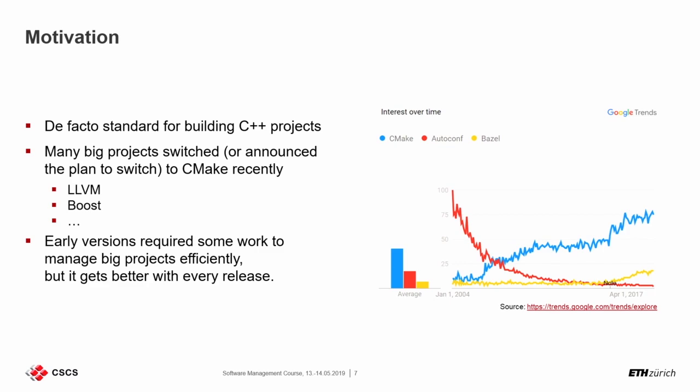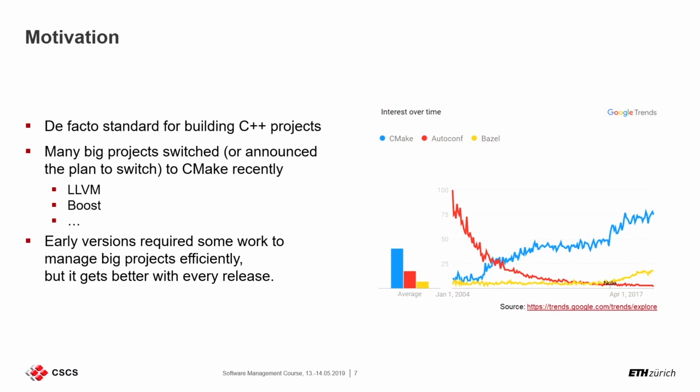And if you look at Google Trends here, I compare CMake, AutoConf, and Bazel. Bazel is a build tool from Google, and probably also noise, because I think starting from here the tool was released, so all the rest is just noise. What you can clearly see is that AutoConf was very much used in 2004 until 2010 maybe, and then CMake just started to take over.